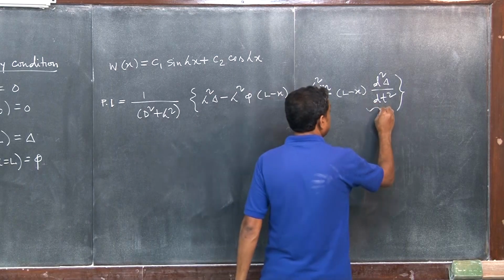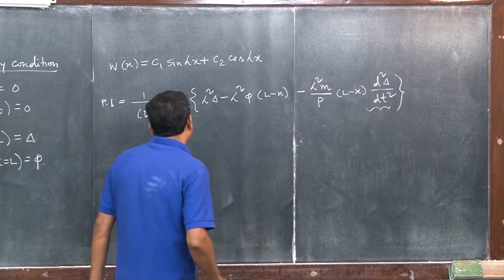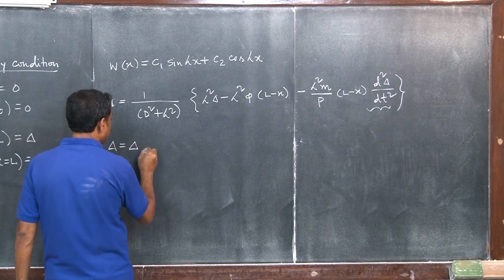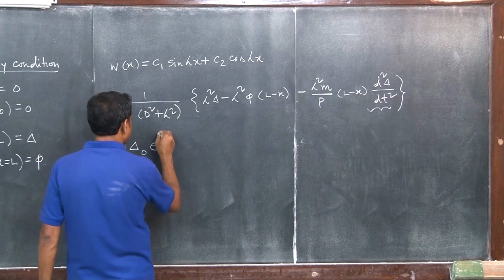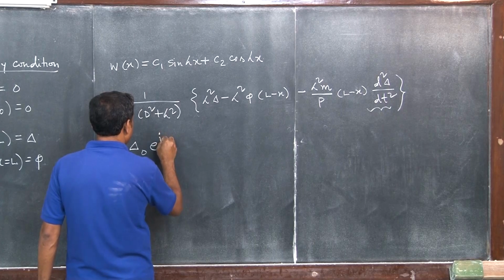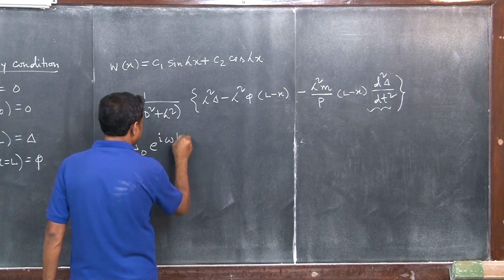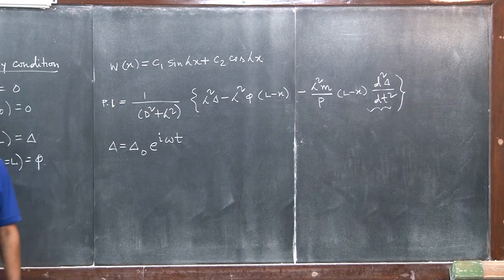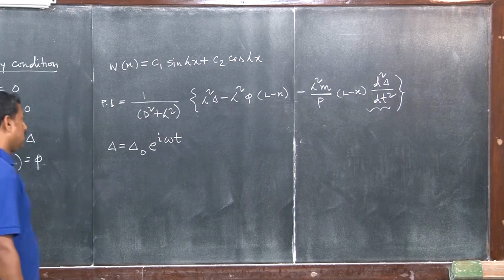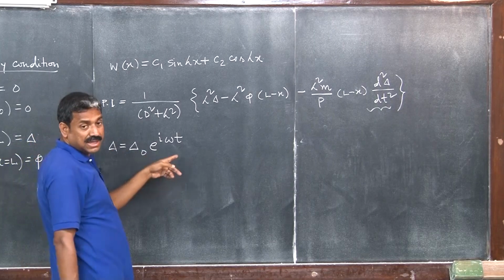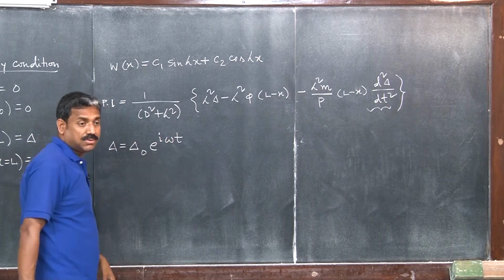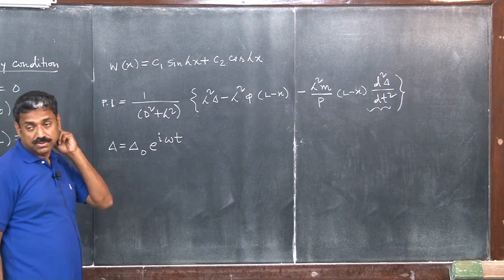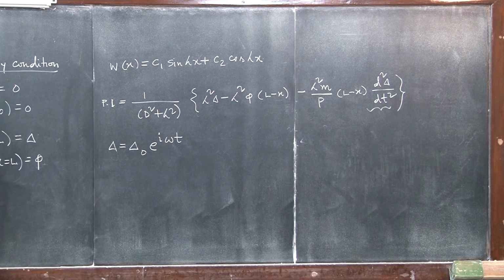Here for delta, what we will do, we can assume the solution to be delta is equal to delta 0 e to the power i omega t. That's what we can assume. Because that will allow what? It will allow a periodic solution, right?